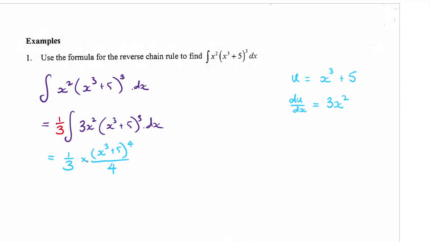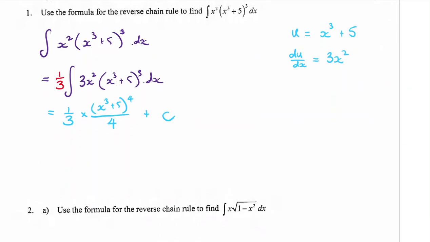Technically, I should have a times sign in there, so I'm timesing that with the third that was already there. And the other thing I should probably have is my plus c, or you could leave the plus c for the last line. On my last line, all I'm going to do is times that third in with that 4 to make it one big fraction. So (x cubed plus 5) to the power of 4, all over 12 plus c. And that's the reverse chain rule.